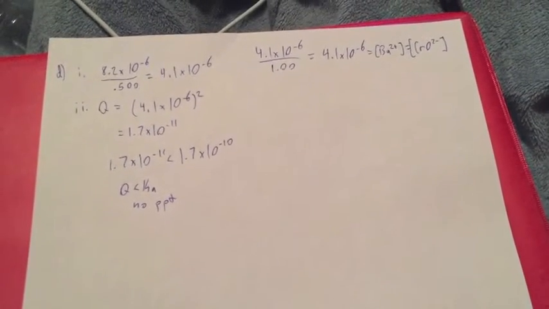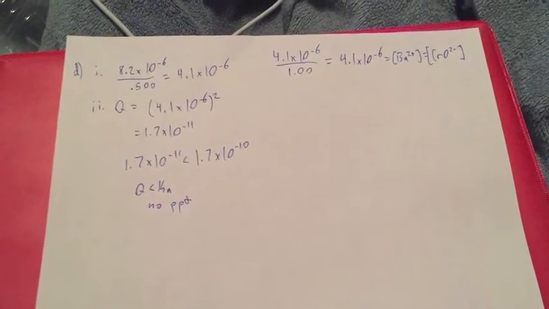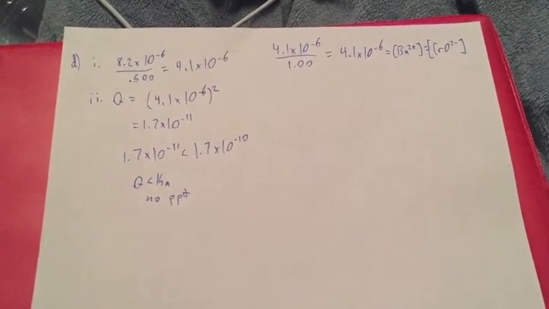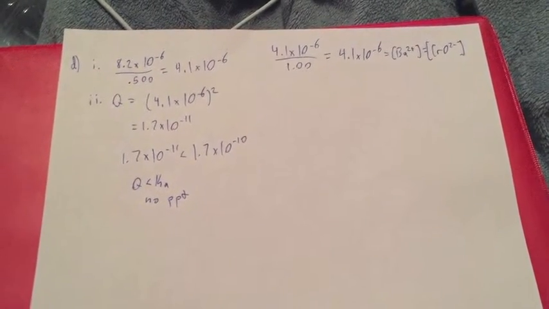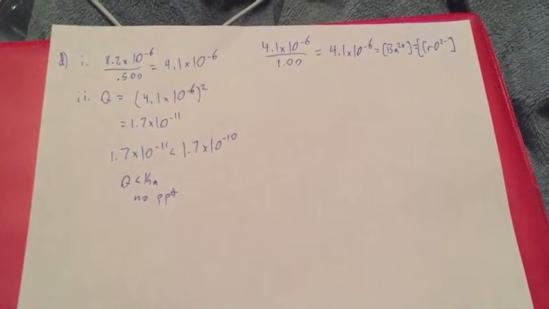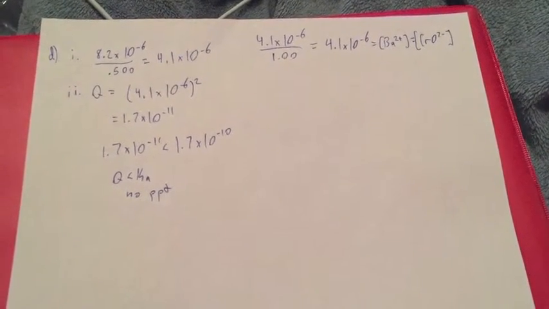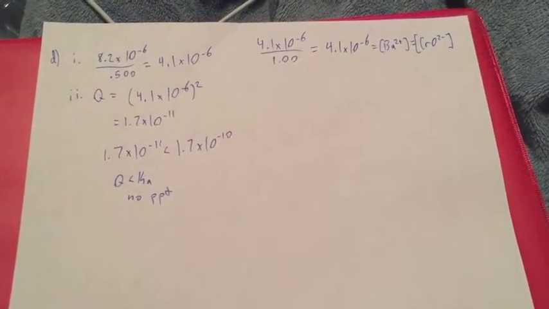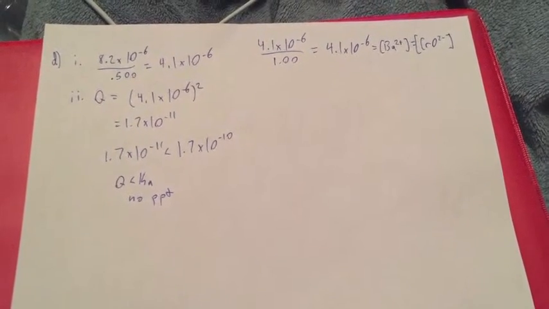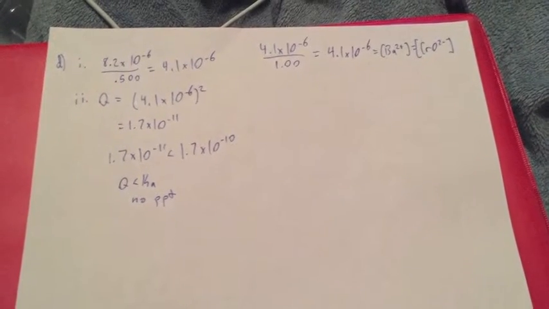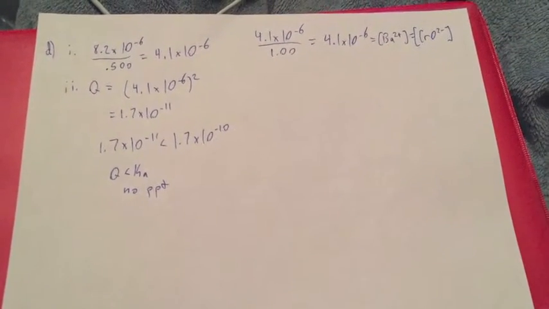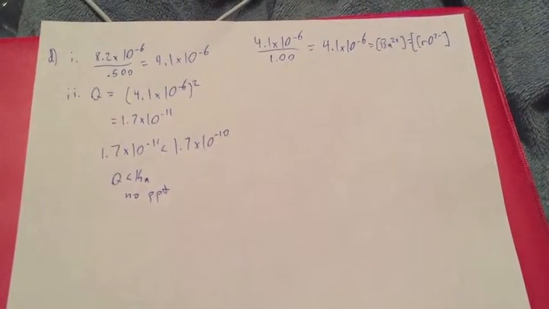So for part 2, we are asked to prove how a precipitate does not form given the information above. For this, we find our Q value, which is done by multiplying our Ba2+ value times our CrO4 2- value, the molarity values.